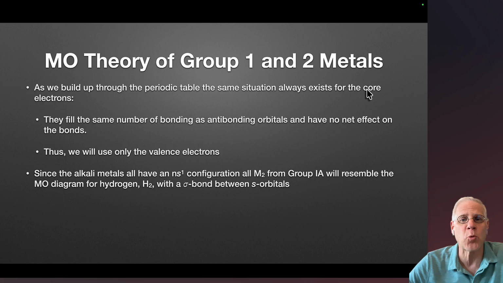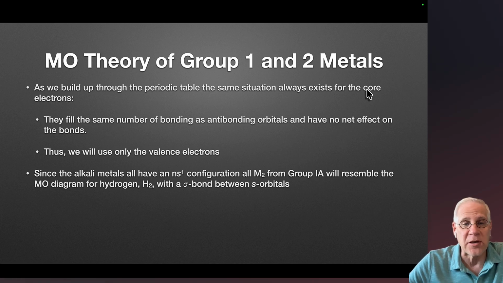Now, if we look at our Group 1 and Group 2 metals, with Group 1 metals, so your alkali metals, they all have an ns1 configuration where n is the period number. So hydrogen has a 1s1, lithium has a 2s1, sodium has a 3s1, and it goes down from there.